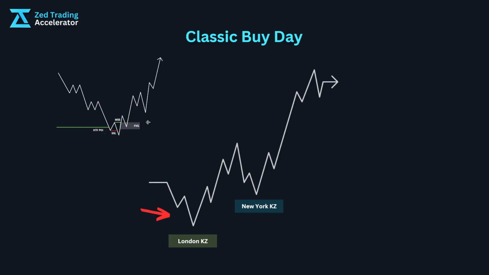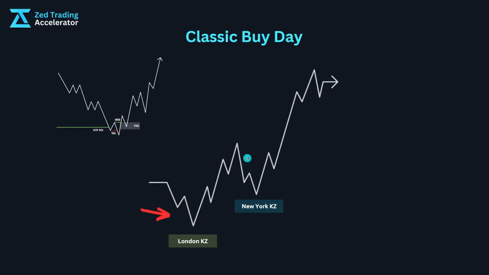If you look at this very closely, this New York kill zone retracement is just like the London kill zone. Yes, this is also a Judas swing. Remember, this is a Judas swing.